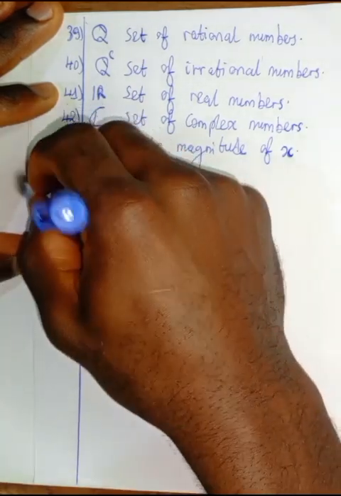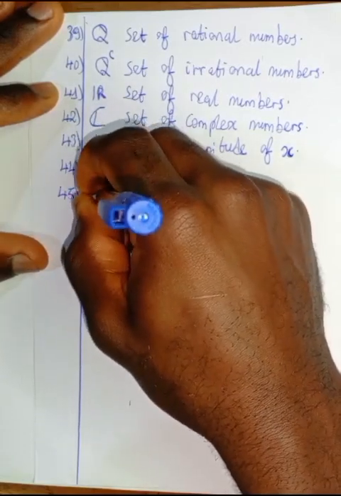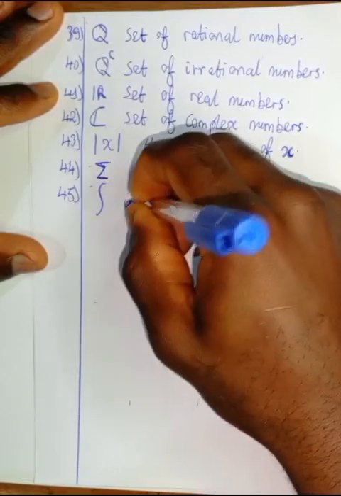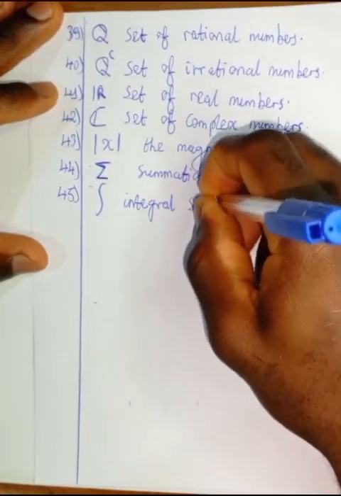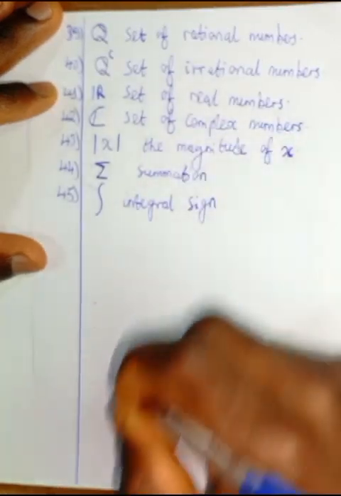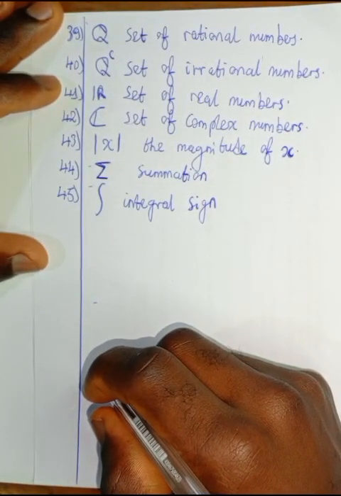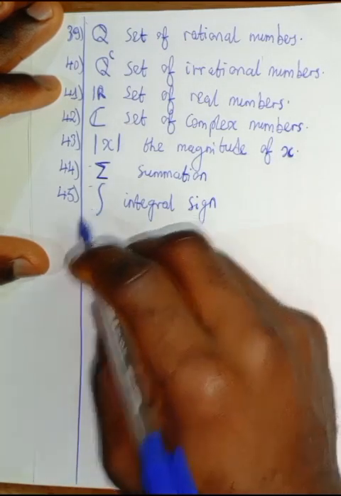The next one, we go to 45. The symbol looks like an S. It is known as the integral sign. We make use of this under integration. That means when we calculate the area under a curve, we make use of this sign.